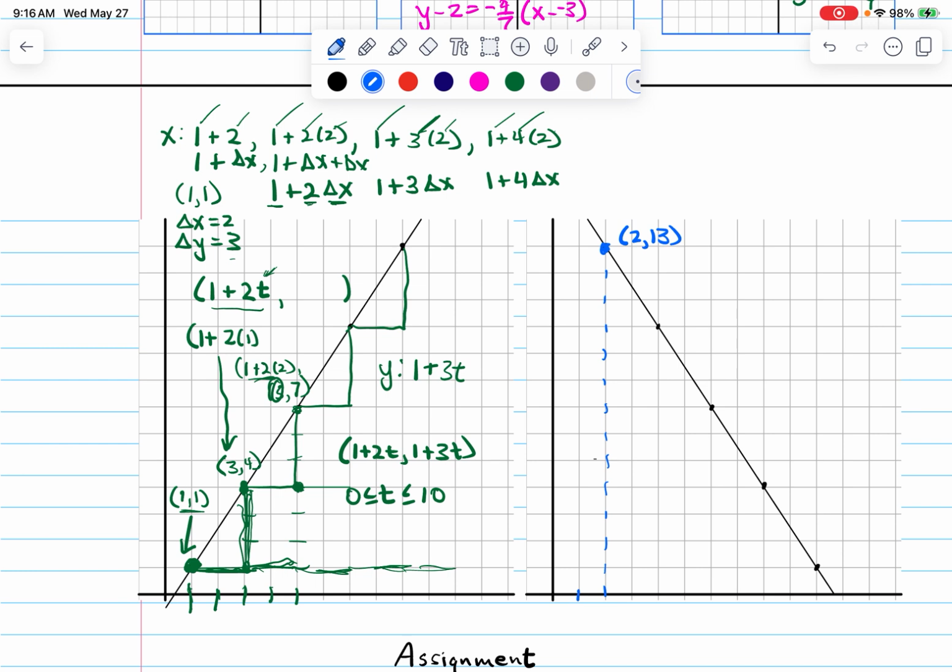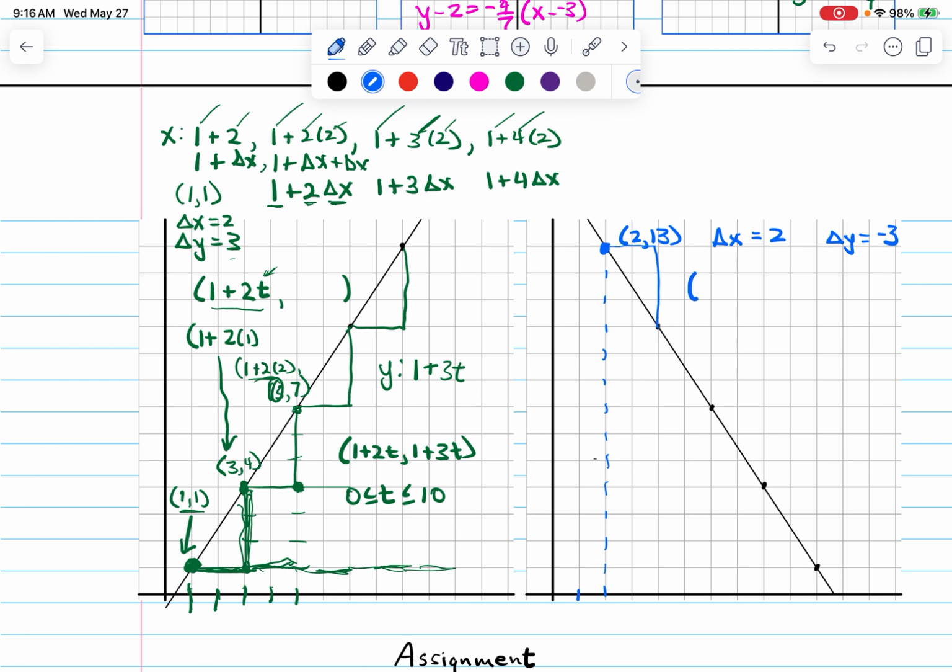Now, to get from this point to this point, what do you do? You go over 2 and down 3. So delta x is 2, delta y is negative 3.